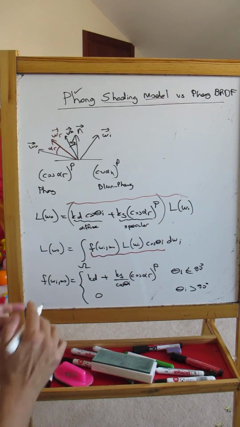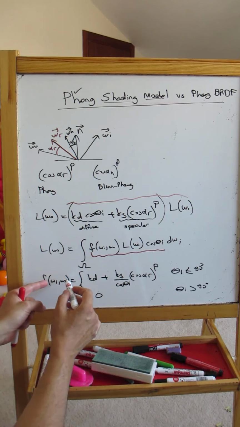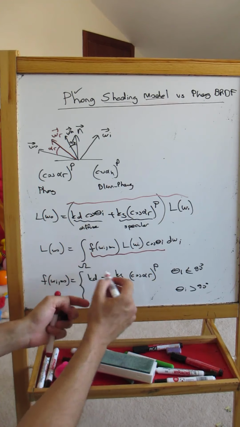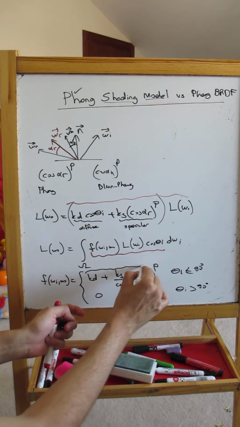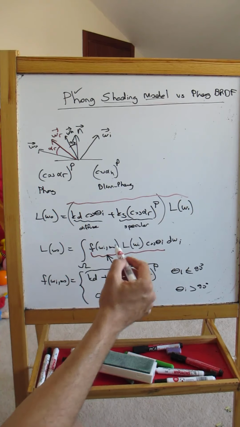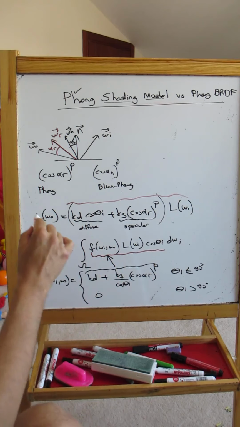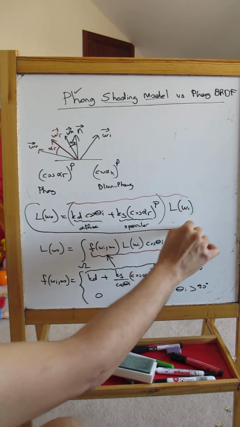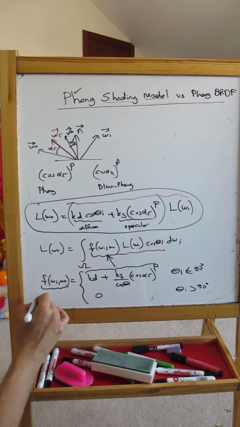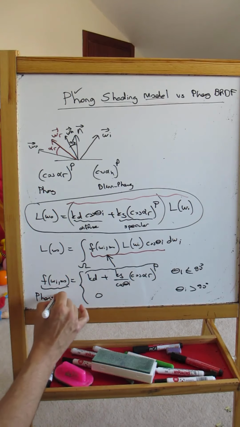If you take this BRDF and plug it into the F term of the rendering equation, you are going to get identical results to the earlier shading model that we have been using. So this is known as the Phong BRDF.